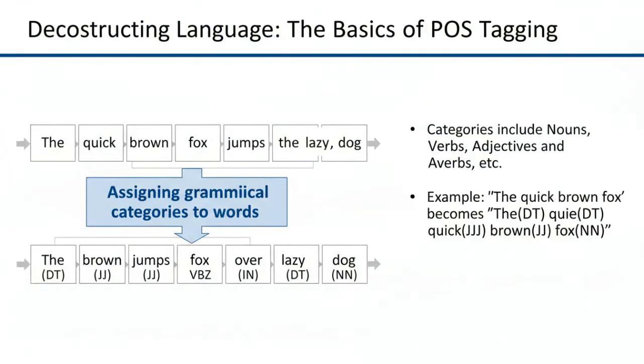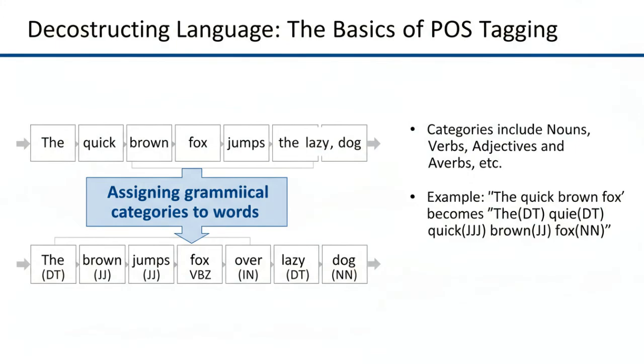So, what exactly is part of speech tagging? Simply put, it's the process of assigning a grammatical category, or part of speech, to each word in a given text. This means identifying if a word is a noun, a verb, an adjective, an adverb, a pronoun, a preposition, and so on.